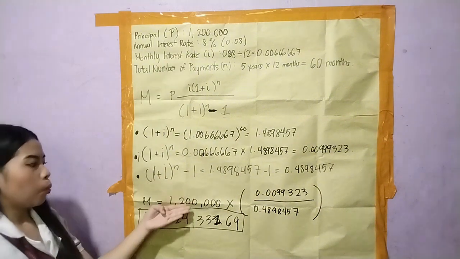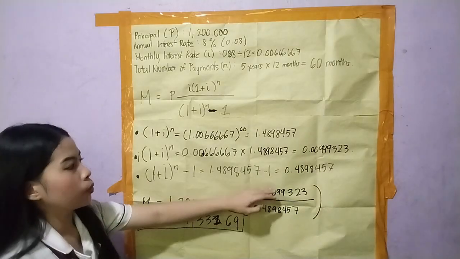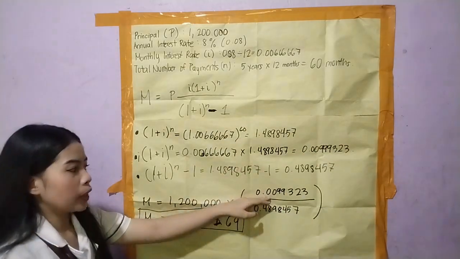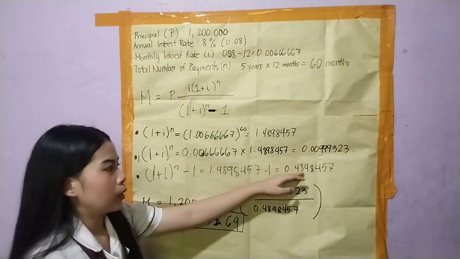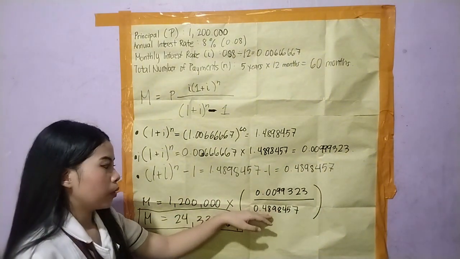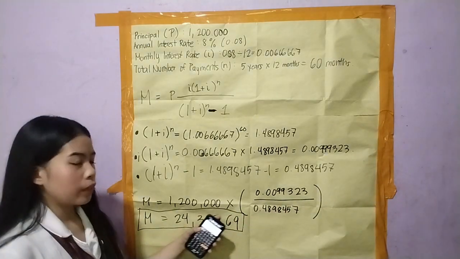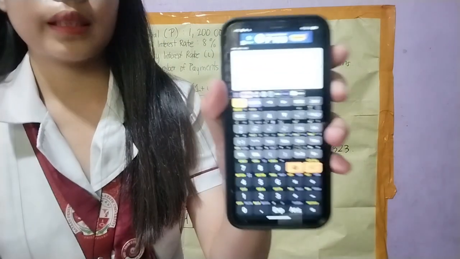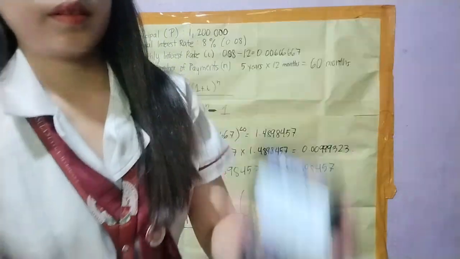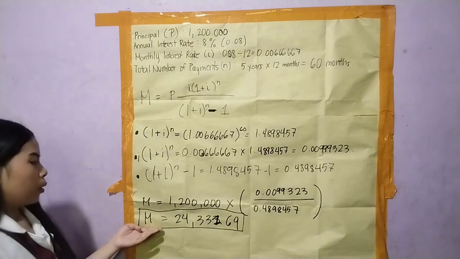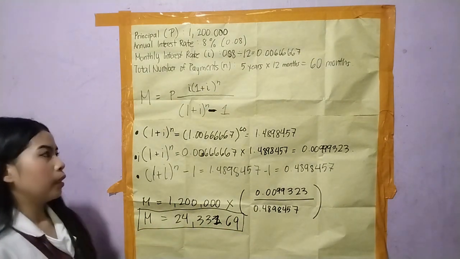Our principal is 1,200,000 pesos, multiplied by the numerator we got earlier, 0.009933, divided by the denominator, which is 0.4898457. When we calculate this on the calculator, the answer that comes out is 24,331.69.